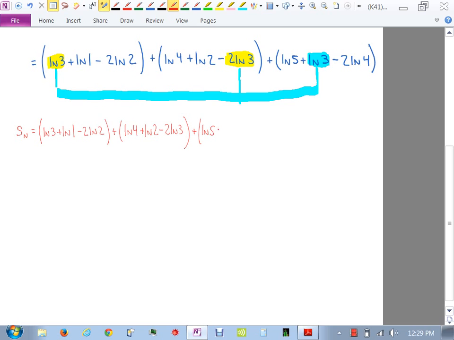Natural log 5 plus natural log 3 minus 2 natural log 4, plus, keep going, natural log 6 plus natural log 4 minus 2 natural log 5. I'm going to keep going because what I'm trying to do is get enough pattern here that I'll be able to come up with a final formula.